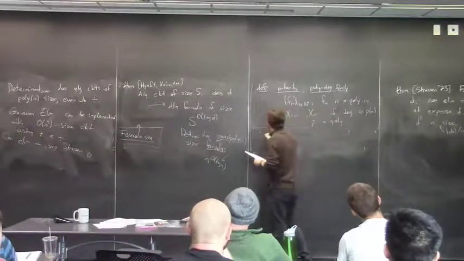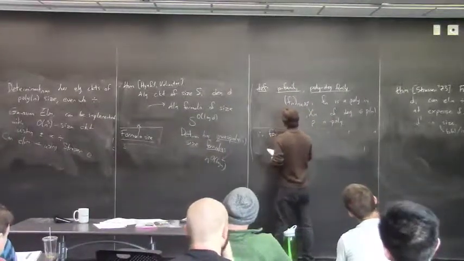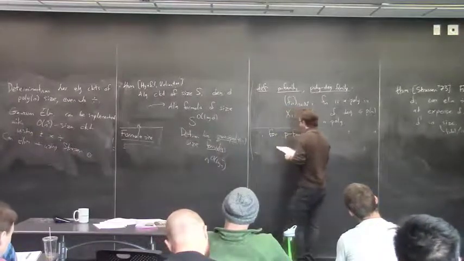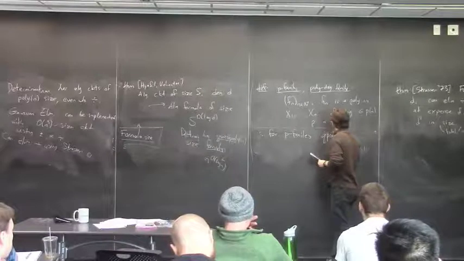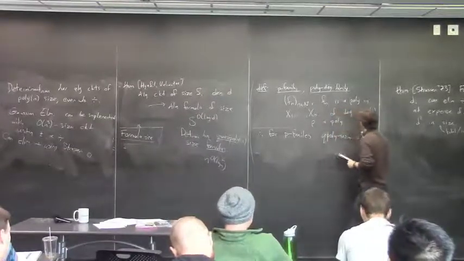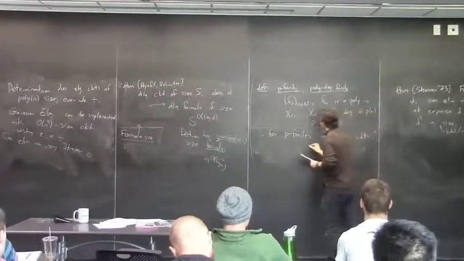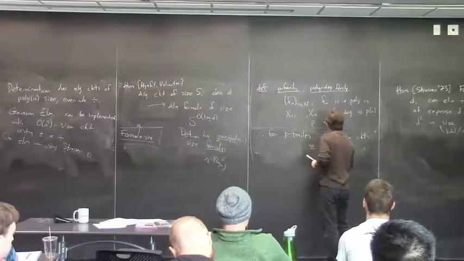Therefore, for these families, quasi-polynomial size circuits are equivalent to quasi-polynomial size formulas.